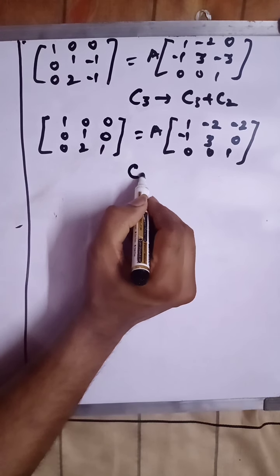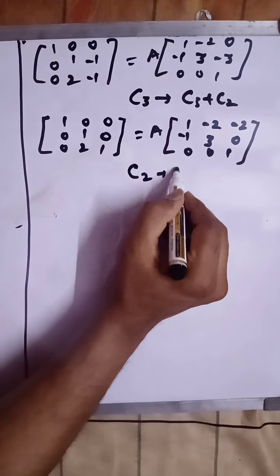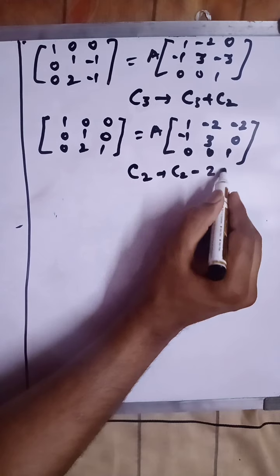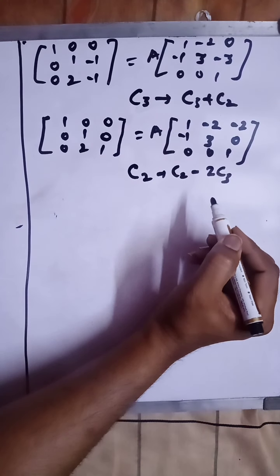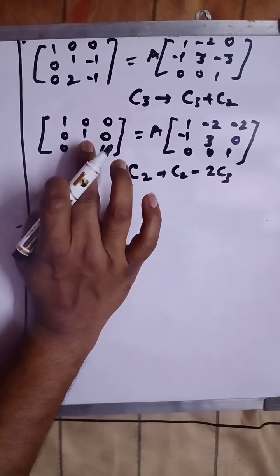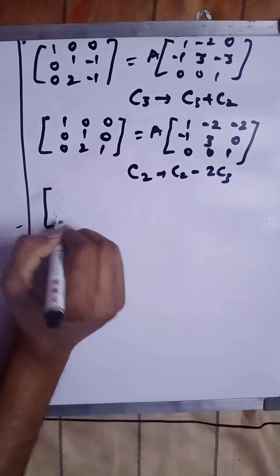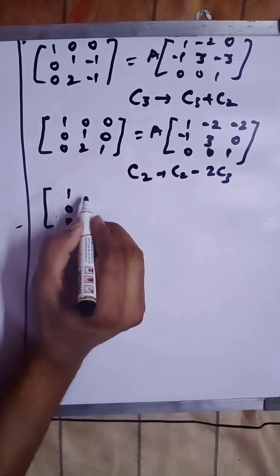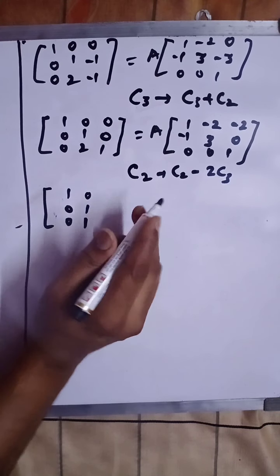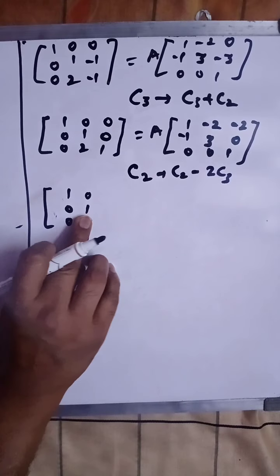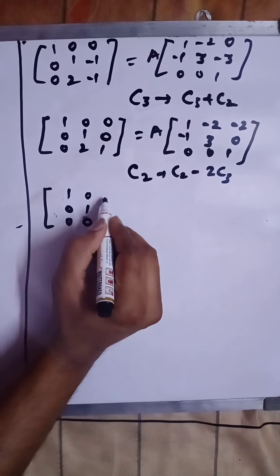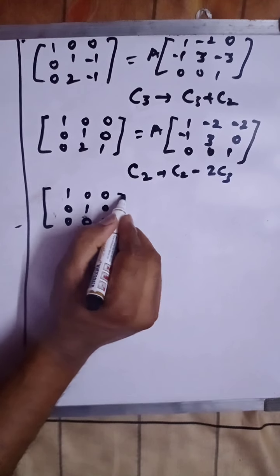So you can write C2 goes to C2 minus twice of C3. Fine, because if you multiply this by 2 and subtract, you will get 0 here. 1, 0, 0, 0, 1, it would be 0. Then 0, 0, 1.